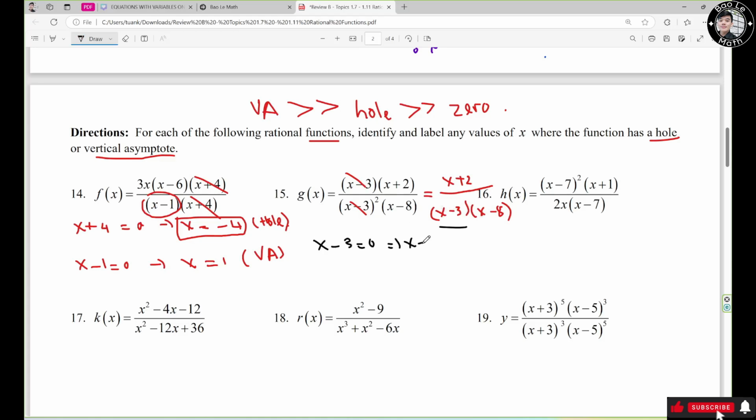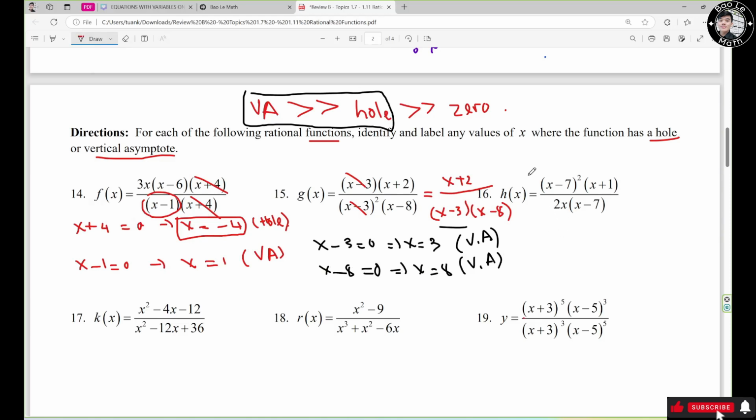Then s equals 3, right? And previously you cancel out this one and you say s equals 3 is a hole, right? But look at this one, the vertical asymptote dominates the hole. So this one is a vertical asymptote, right? There is no hole in this situation, right? Now another vertical asymptote, s minus 8 equals 0, and then s equals 8.